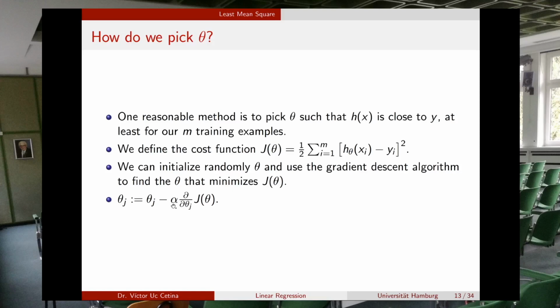So this alpha is a constant that takes values between 0 and 1. This is called the learning rate. So it is going to tell you how big or small are going to be the changes in the parameters.